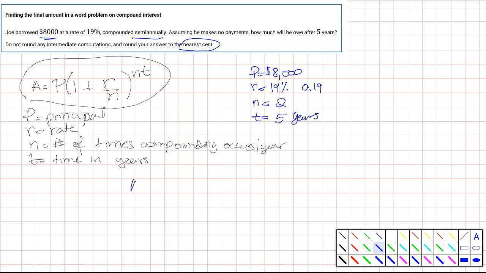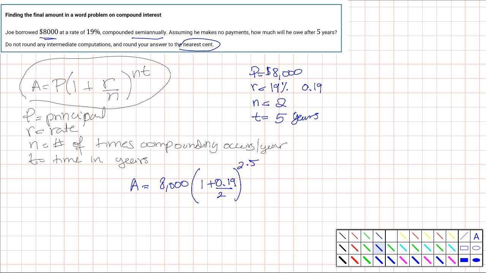So I would write A equals P, which is $8,000, so 8,000 times 1 plus 0.19 divided by 2, raised to the 2 times 5.